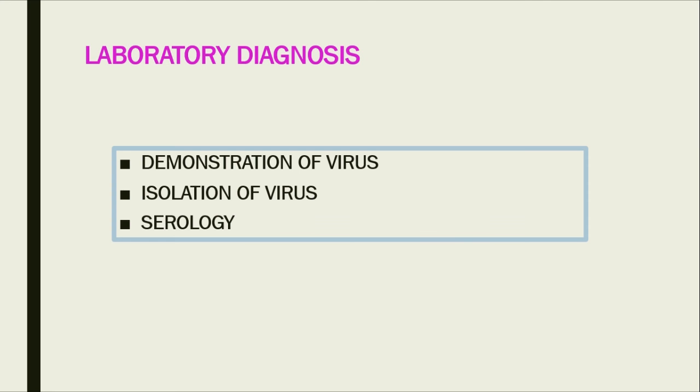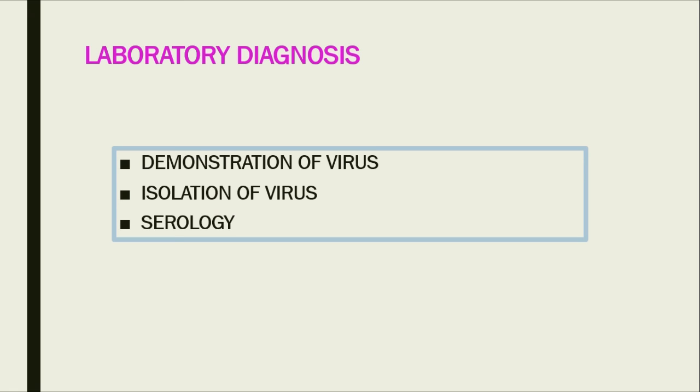So coming to the lab diagnosis of influenza virus, this is based on 3 options. One is demonstration of the virus itself, where we need to check the samples under microscopy. We can isolate the virus in lab conditions, and of course we can do some serological examination.